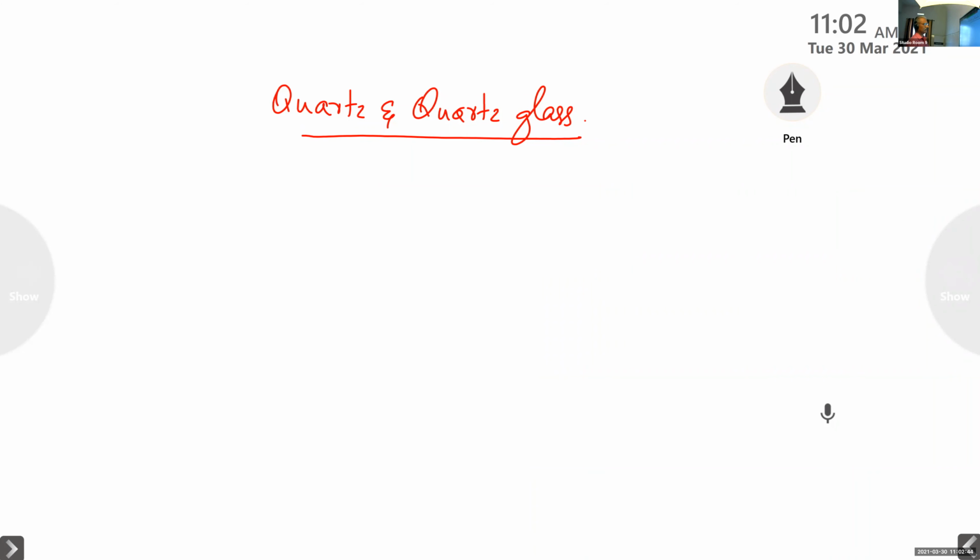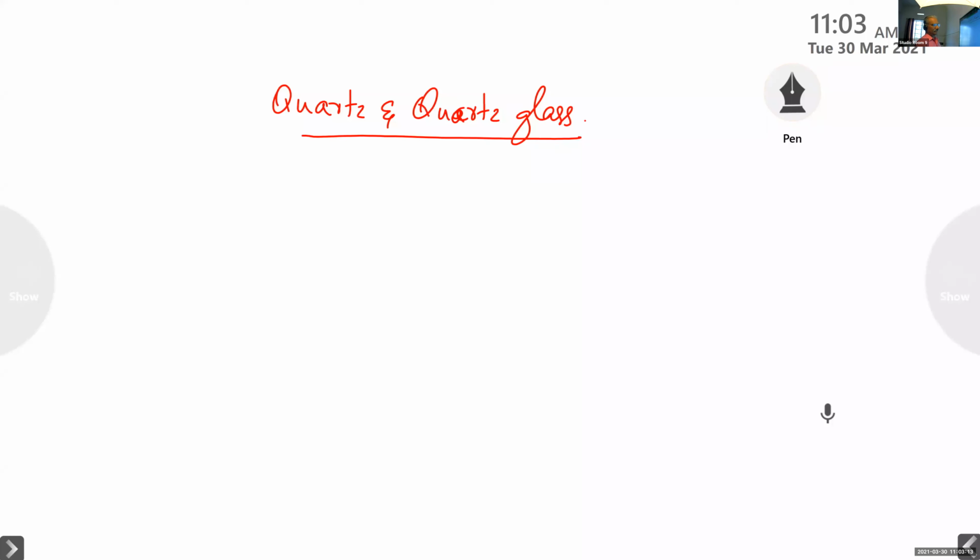Then quartz glass. The quartz and the quartz glass, both are different forms of silica. So the question arises, what is silica?